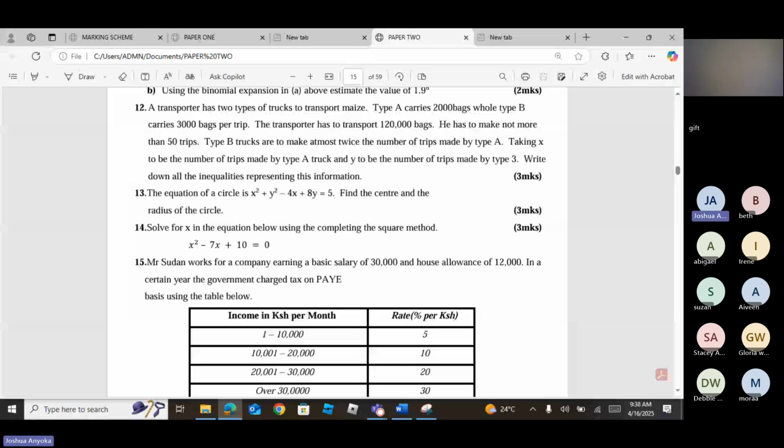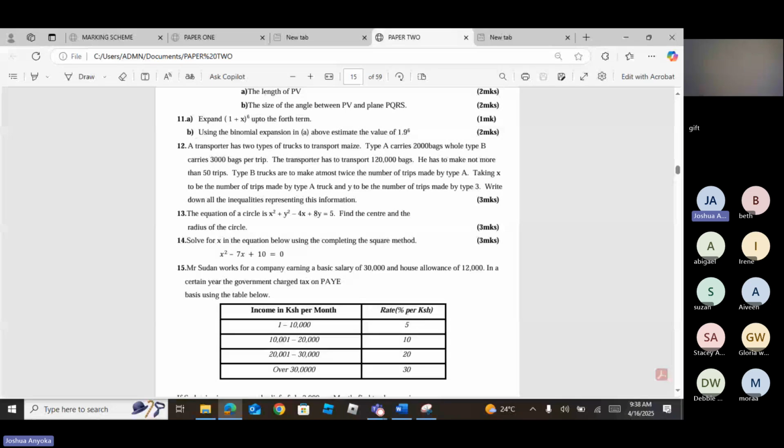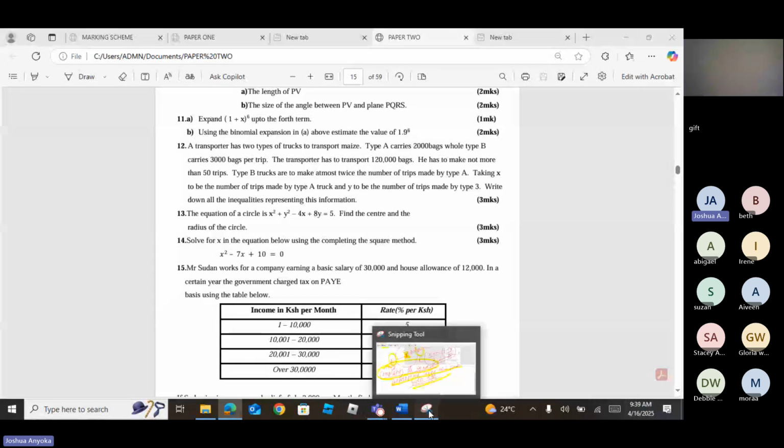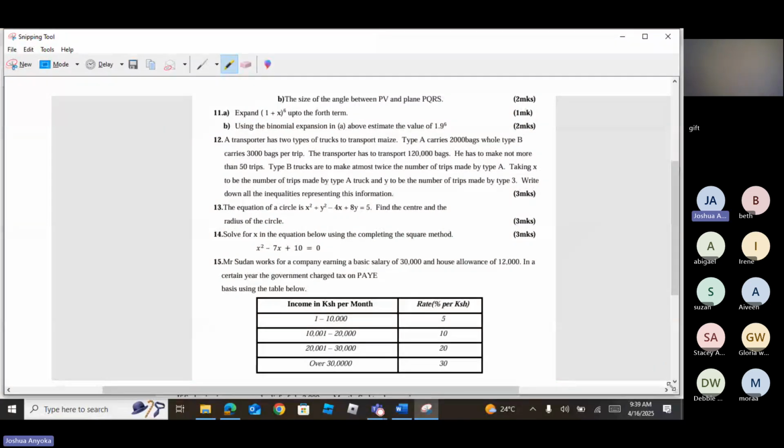This one conforms to what we discussed. Here we are asked for the center and radius. What should come to your mind is completing the square. We have the equation x squared plus y squared minus 4x plus 8y equals 5.